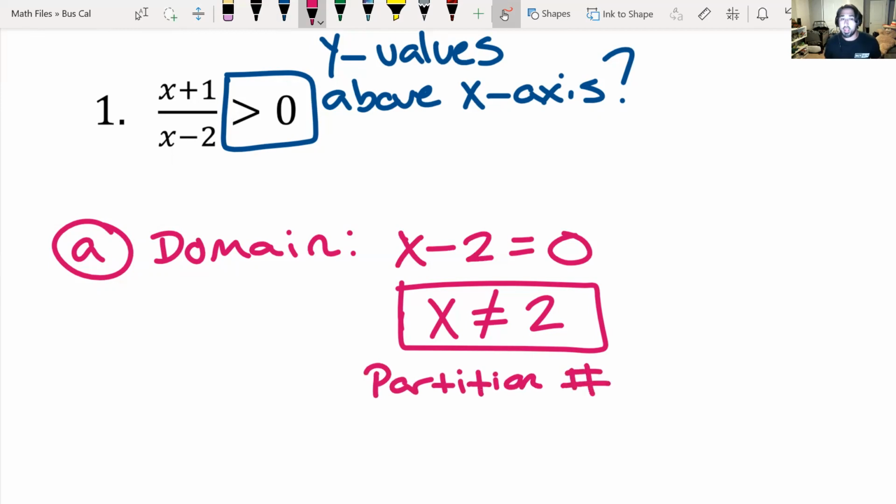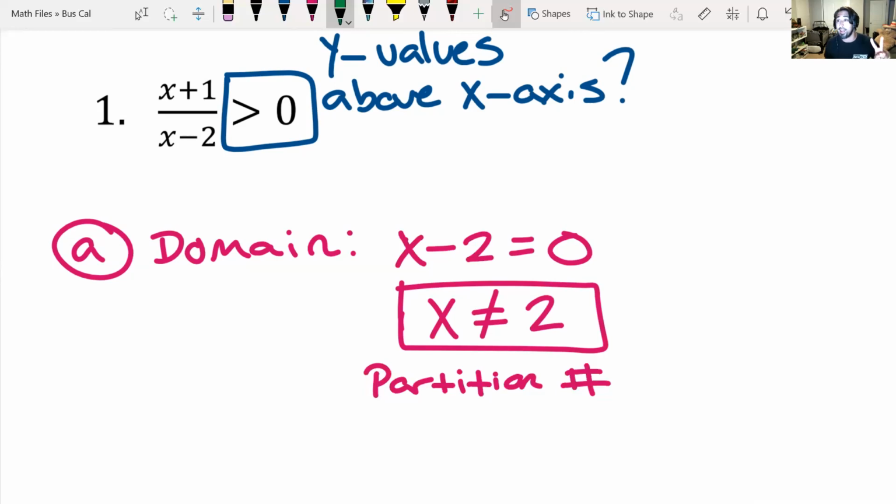Okay, and then the next part is finding the x-intercept. Well, if you're ever given a rational function, there's a nice little trick to help you solve for x-intercepts. So, two things to know. First thing, on a rational function, domain always comes from the denominator.